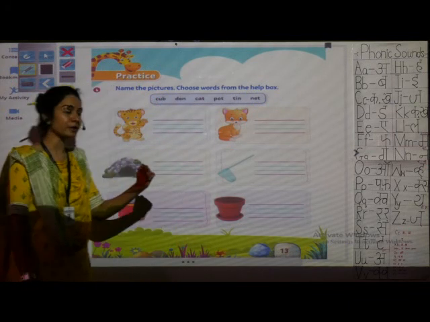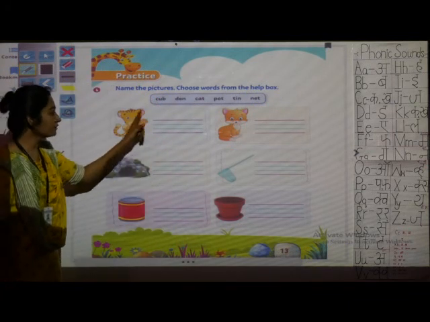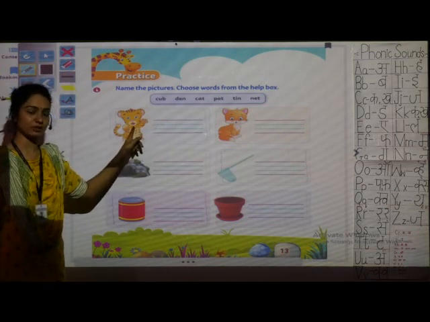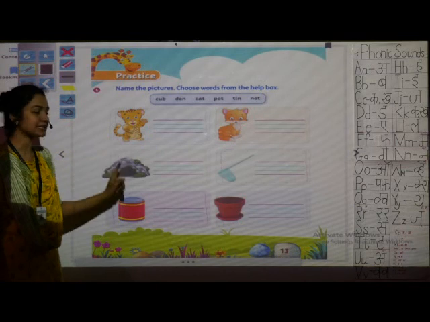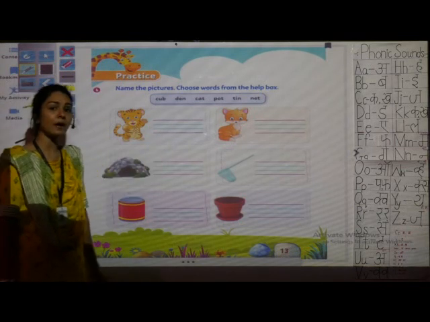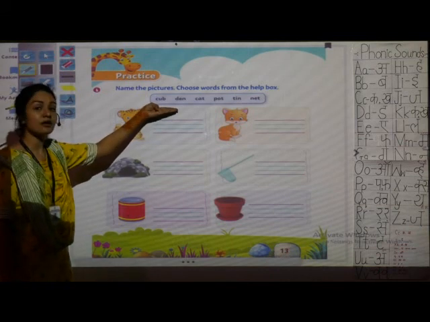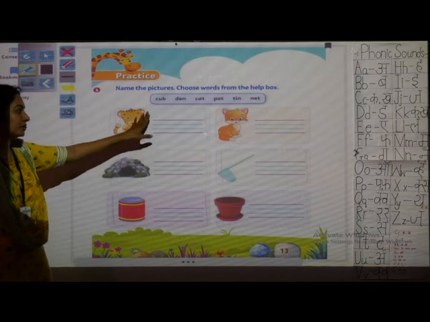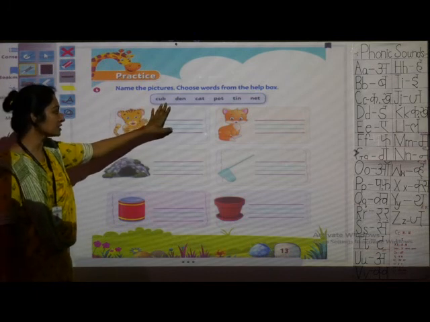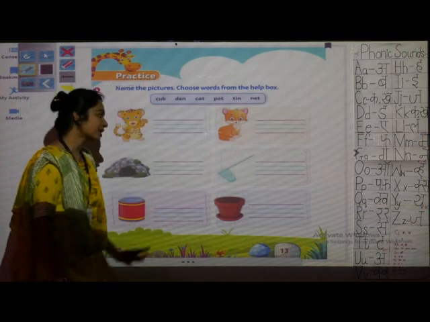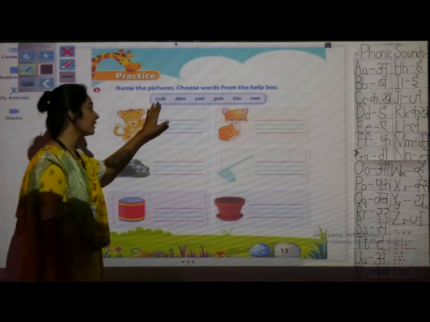What we have to do is, in front of this picture, we have to write the names of these animals, these things, with the help of this box. In this box, words are there. With the help of this box, we are going to write the words in front of the pictures. Okay, so first we will read this.